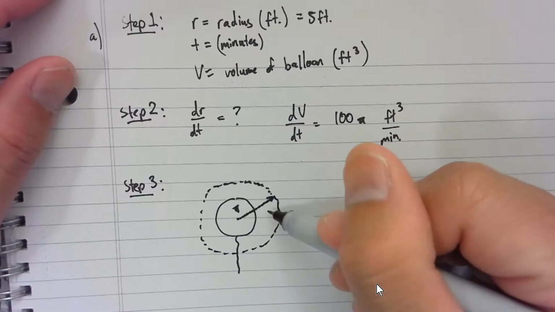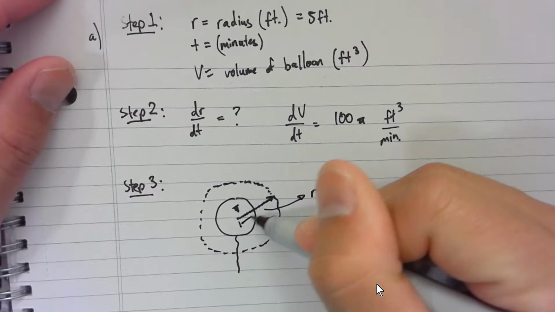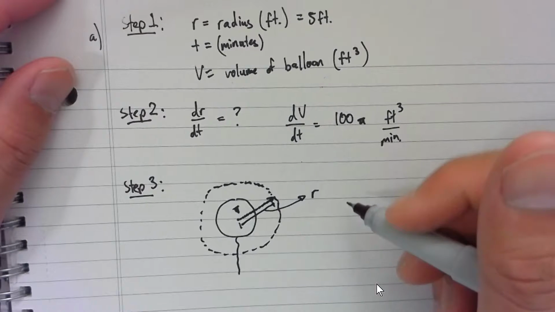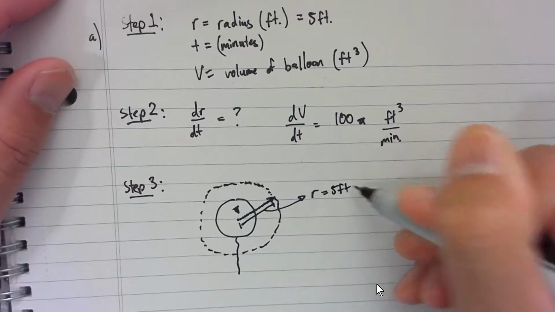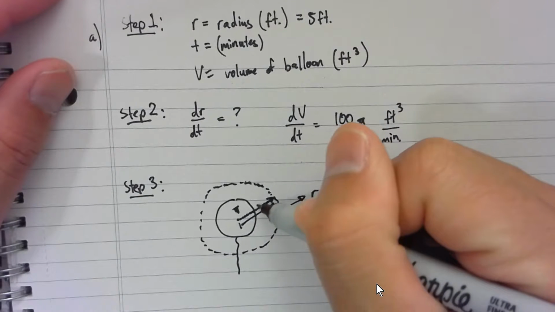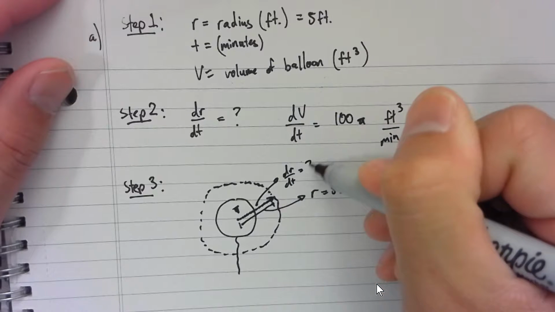So we're looking at the point where the radius is approximately 5 feet. And then the rate at which it increases, which is this arrow, dr/dt, is what we don't know.